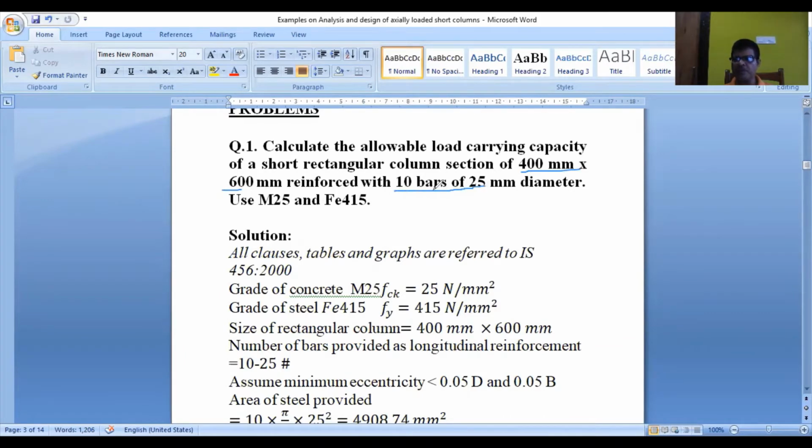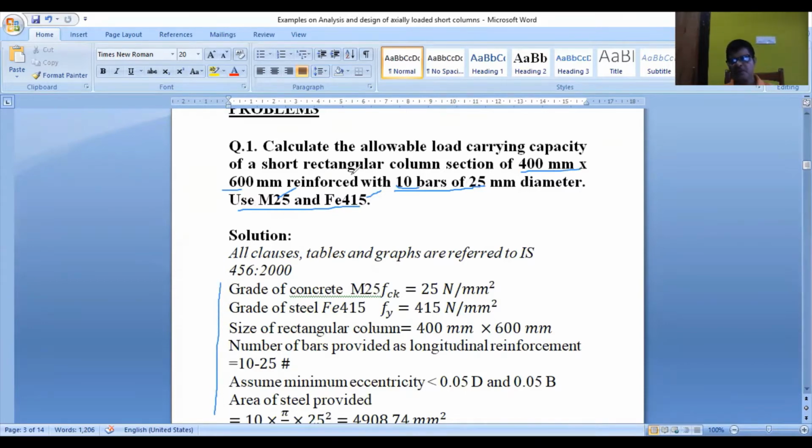That means you can find out the area of the steel in compression: pi by 4 into 25 square into the number of bars, which is 10. And M25 Fe415 given means fck is equal to 25 Newton per mm square and fy is equal to 415 Newton per mm square. So write all these data given first.